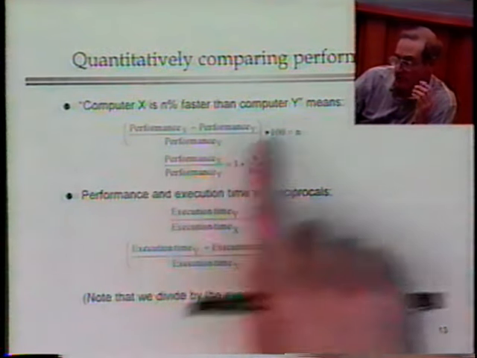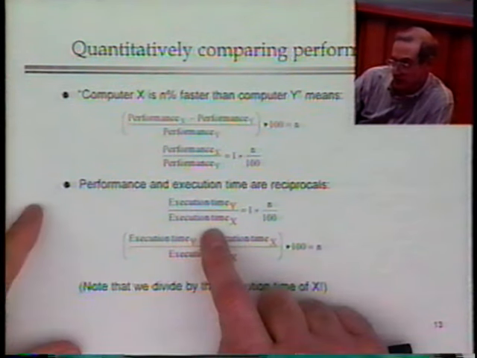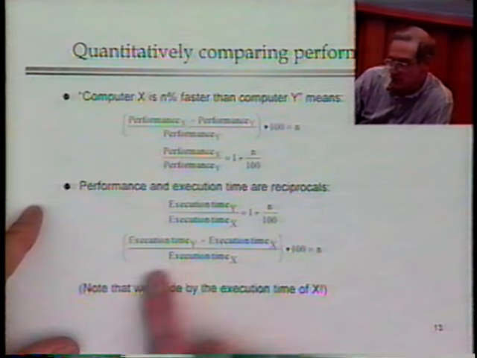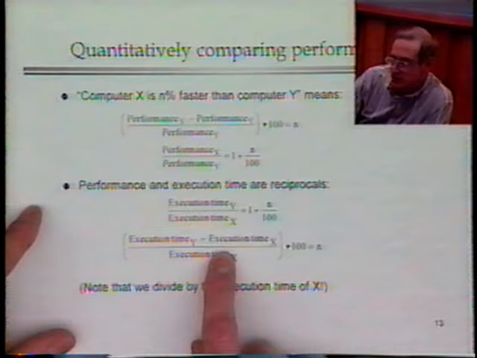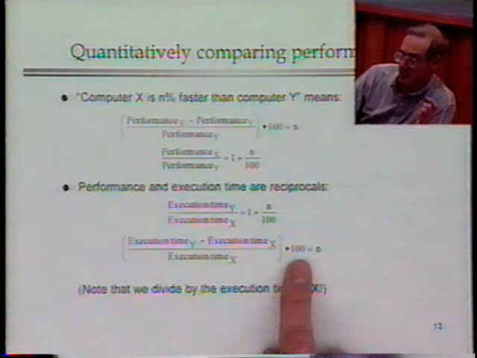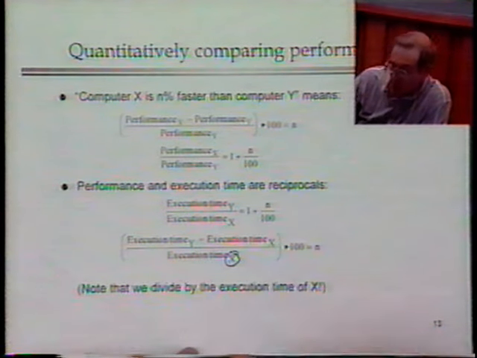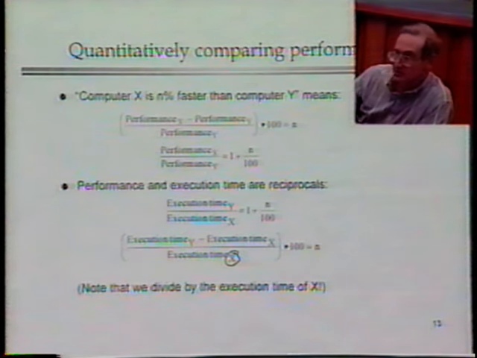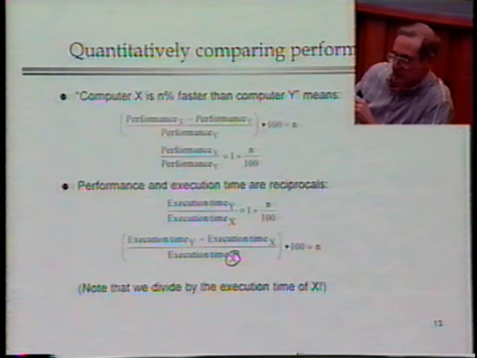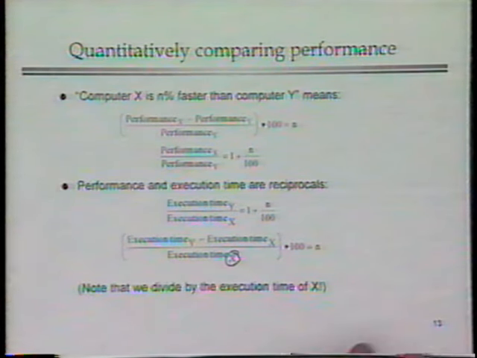So if you want to compare computer X to computer Y in terms of execution time, which is a great way to do the measurements, if you substitute 1 over execution time for performance, you get an equation that says the difference in execution times divided by the execution time of X is the amount by which computer X is faster than computer Y. Notice that we're dividing by the execution time of computer X, not by the execution time of computer Y. It's pretty trivial, but a mistake that's made an amazing number of times. You'll get a chance to, on the homework, make sure that you understand how that works.